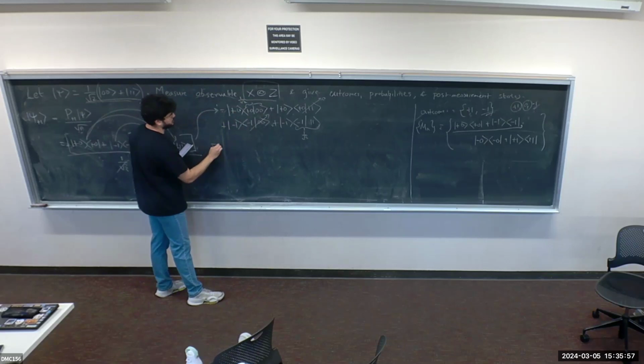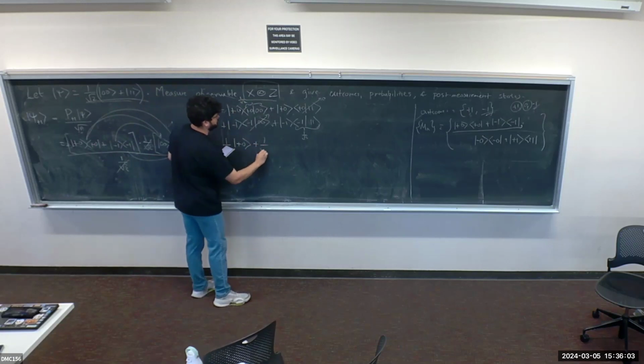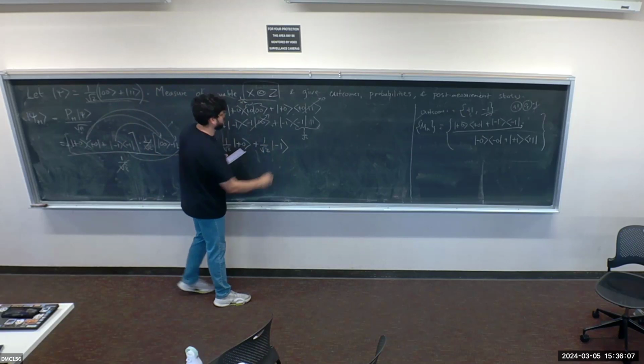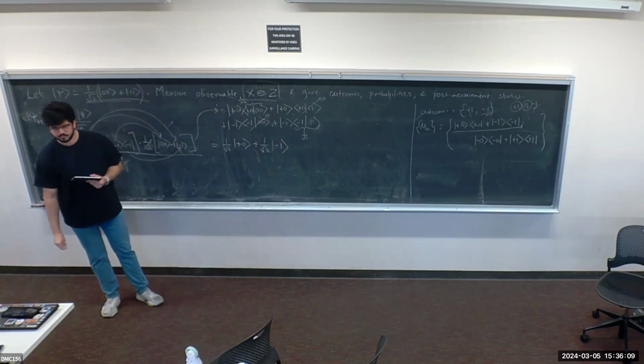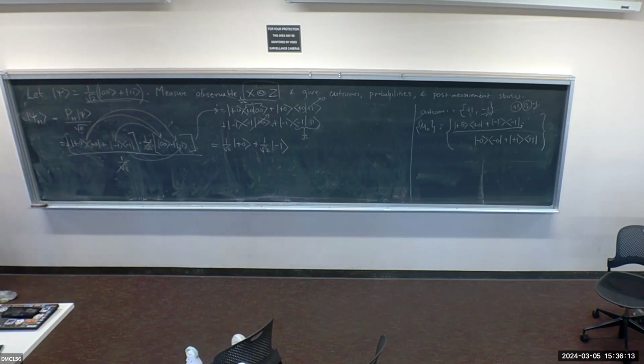So the post measurement state you get is 1 over root 2 plus 0 plus 1 over root 2 minus 1. This is our post measurement state for outcome plus 1.